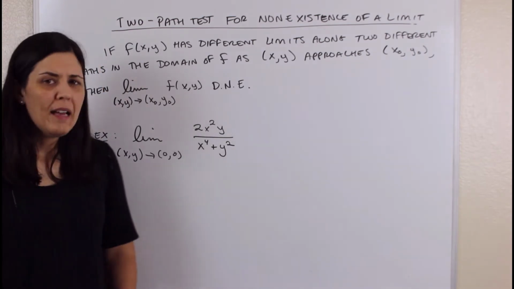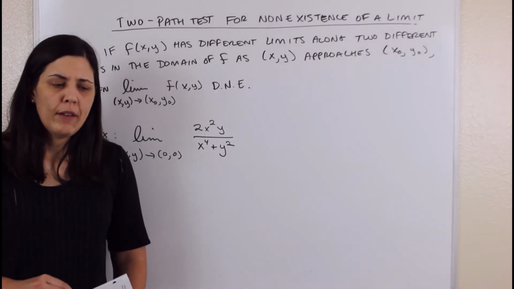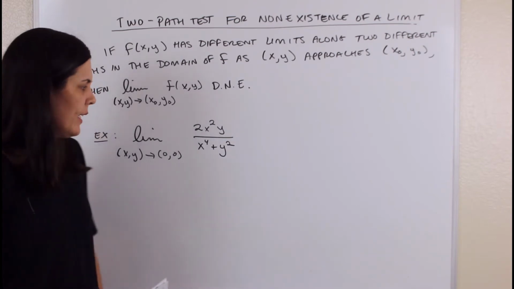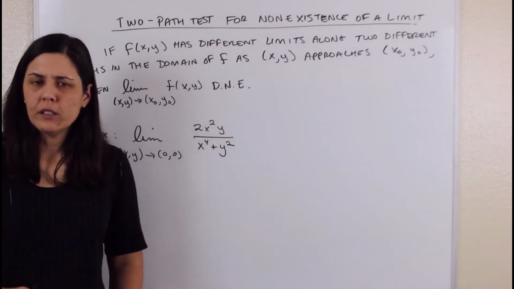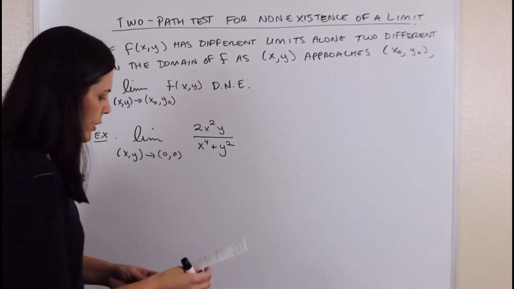Alright, so for the paths that I'm going to consider, sometimes you have to think about what would be a good path to try, and I'll show you what I mean. It has to do with how the function looks, and when you pick this type of path, how it will simplify. And so here's what I'm saying.